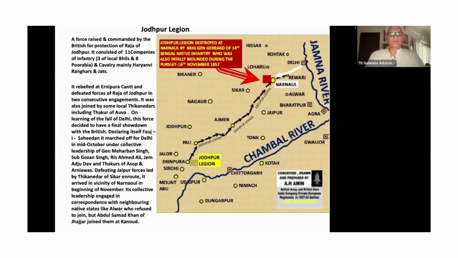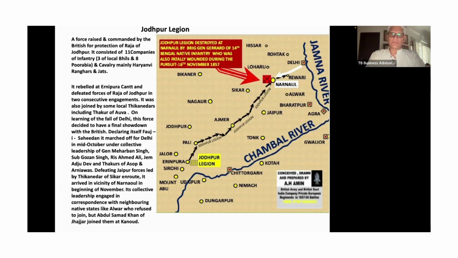As I already brought out, the Jodhpur Legion was a force raised to protect the Raja of Jodhpur, and it had rebelled at Erinpura. In end October, they decided to move up from Jodhpur towards Delhi. They took the route from Erinpura to Pali, Ajmer, through Sikar to reach Mahendragarh, that was called Kanaud in those days.